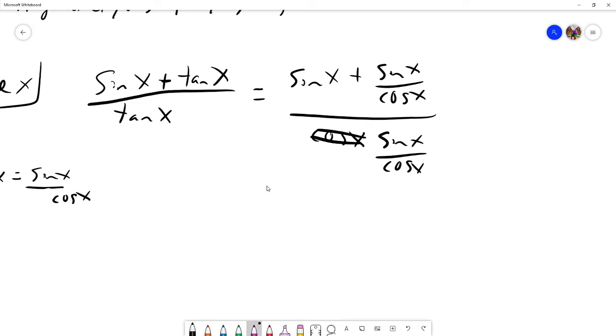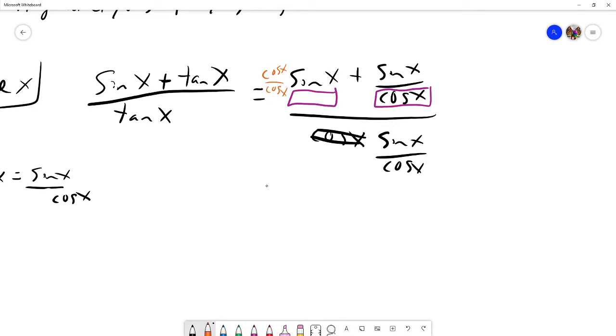Now, in this case, we can note that we have this cosine there. In fact, that was kind of hard to see, so let's change our pen setting here. Here we go. Yeah, that's nice. So since we have a cosine denominator here, but we do not have one over here, what I'm going to do is multiply this sine term on the left by cosine over cosine.